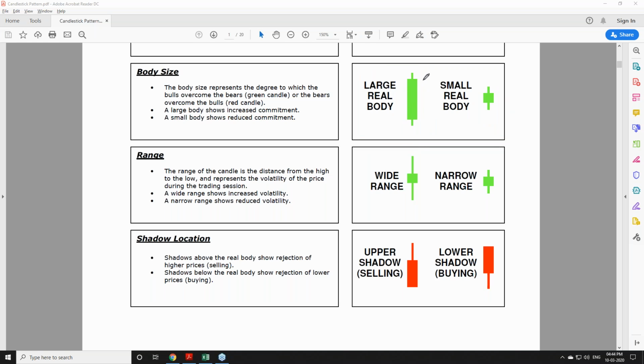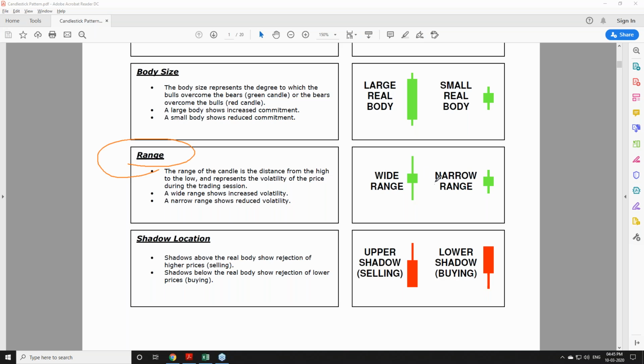If you see a red large real body, that means full selling is happening. When you see a small red real body, it's a downtrend, but not in full swing. So a large body shows increased commitment, a small body shows reduced commitment. That's like demand and supply.